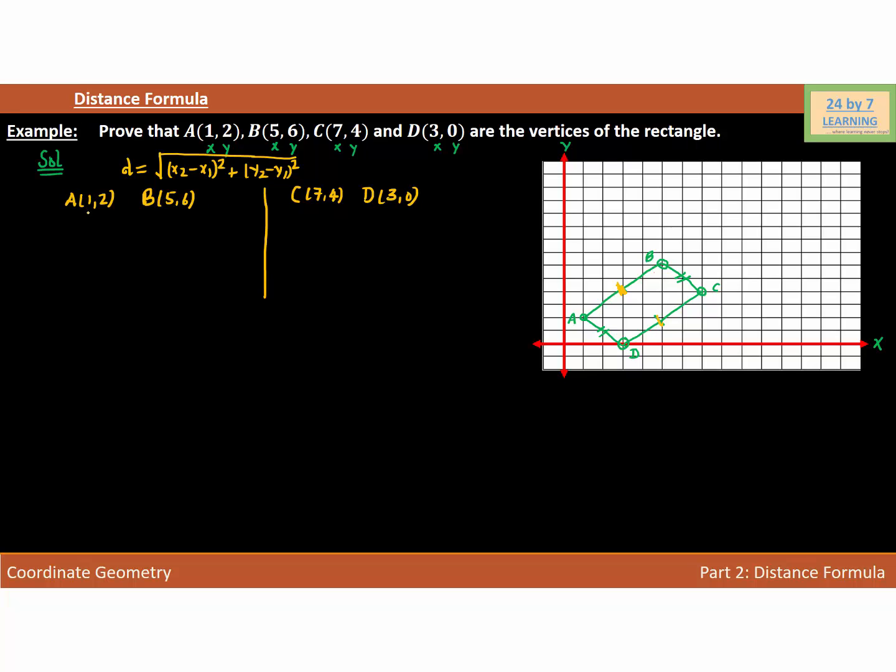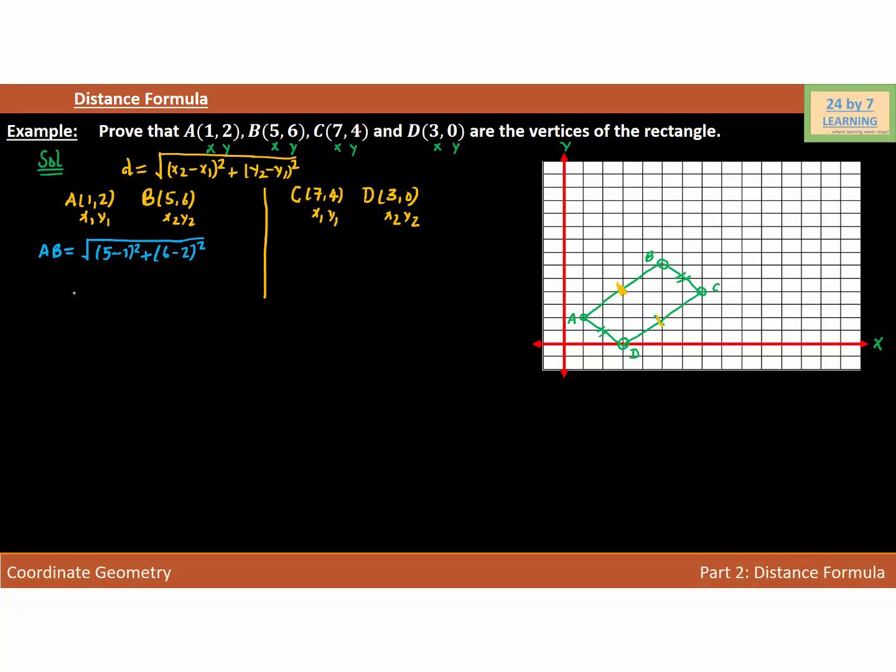As you know, my first point is x1, y1 and my second point is x2, y2. For both, I'm doing the same. For point C, this one is x1, y1 and point D will be x2, y2. Now let's use the distance formula. So I will write AB equals the square root of (x2 minus x1) squared, so 5 minus 1 squared plus 6 minus 2 squared.